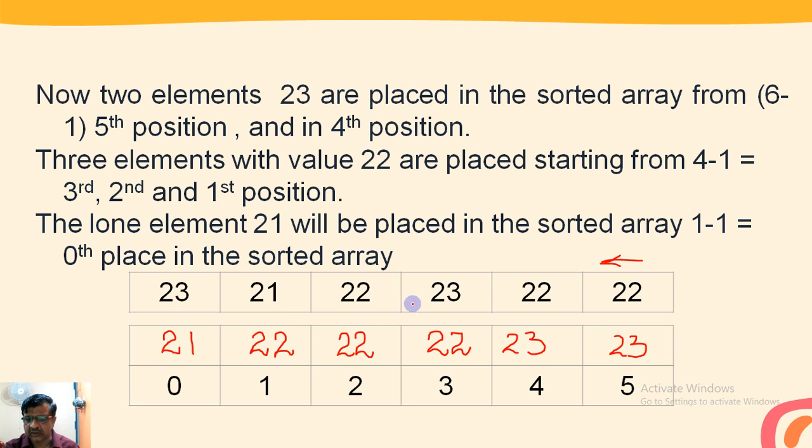The original position of this 23 was 0, 1, 2, 3. After sorting, it finds the fifth position, so j dash is 5, j was 3, and as far as this 23 is concerned, the i position was 0 and i dash position was 4.